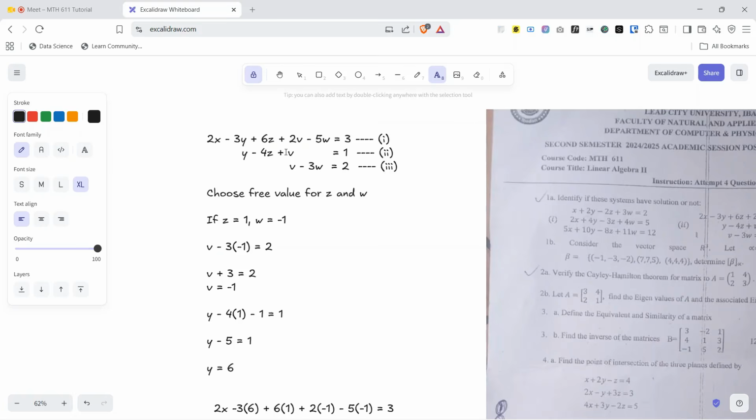But I really don't know. I still have not gotten the idea behind why we use the free value.